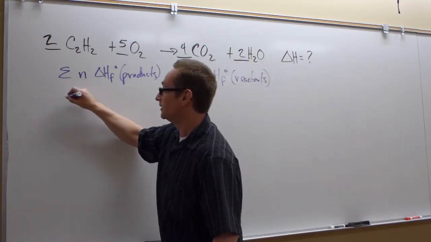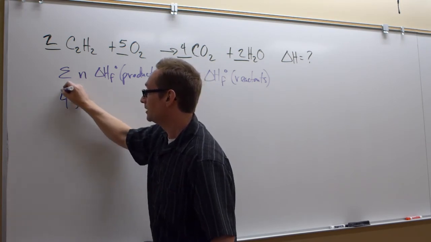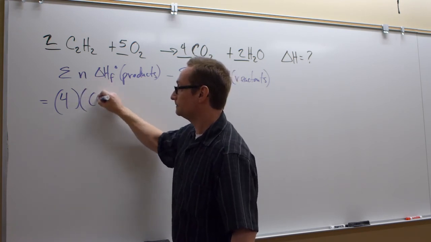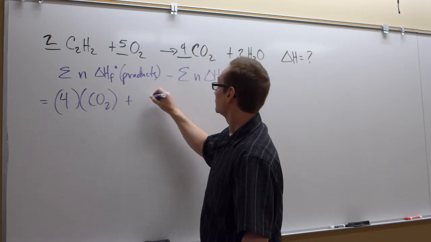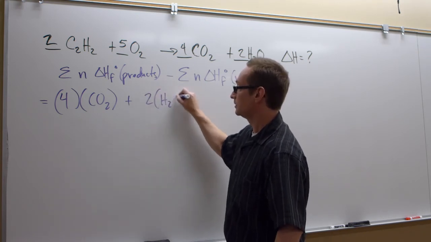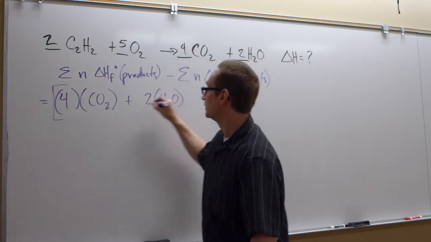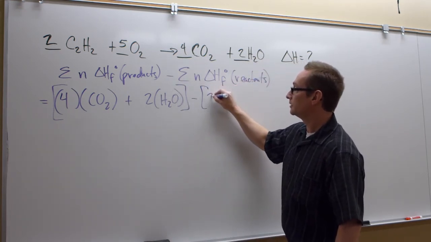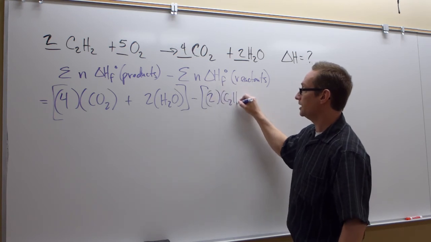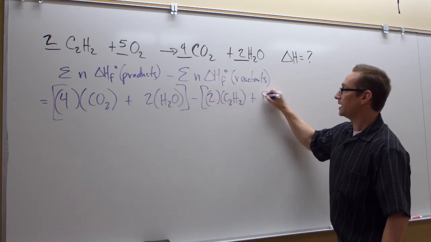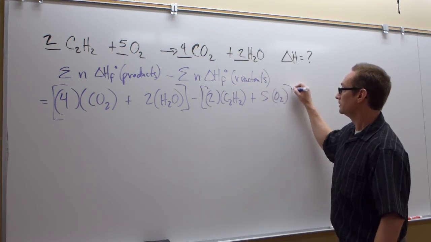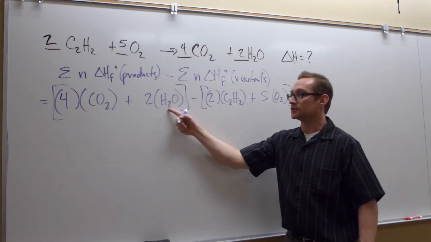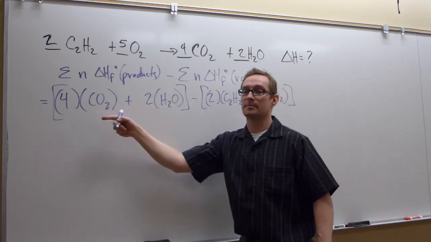So we're going to say, okay, 4 times the value for CO2 plus 2 times that for water, minus 2 times the C2H2 heat of formation plus 5 times the oxygen heat of formation. So we're going to look up the values for delta H from the table for these compounds.